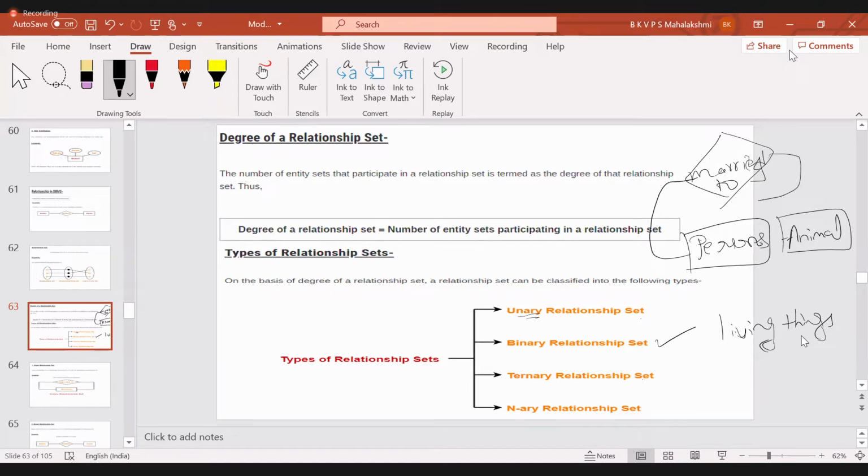Yeah. So a person will be married to the person. So I can say this is the example for the unary relationship set.